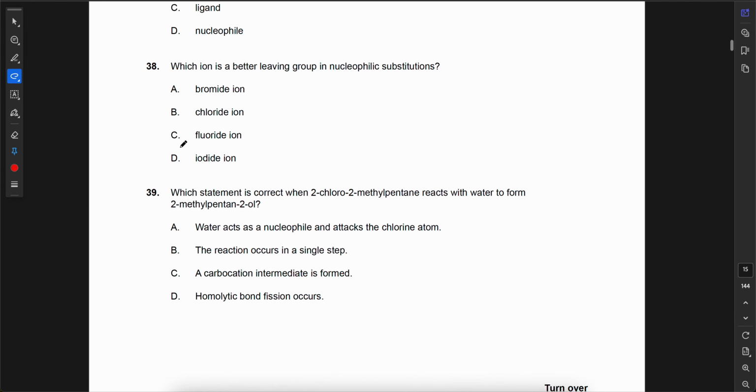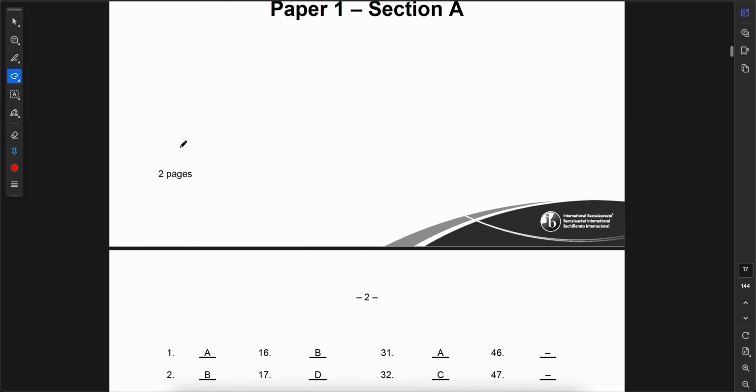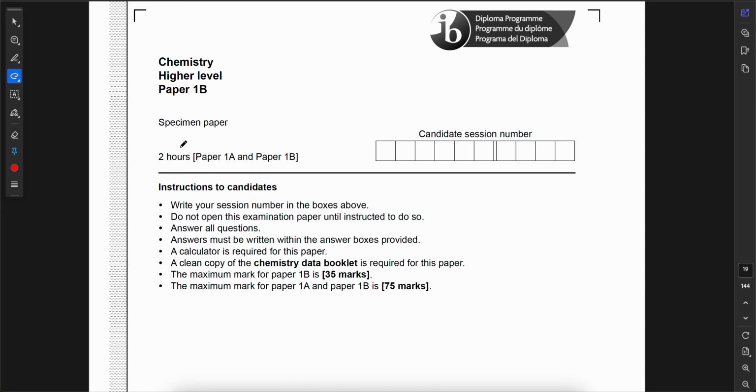And then we continue to paper 1B. The previous syllabus doesn't allow students to use a calculator in paper 1, and the chemistry data booklet was also not provided. But this time both the chemistry data booklet and calculator are allowed for both SL and HL and for both paper 1 and paper 2.